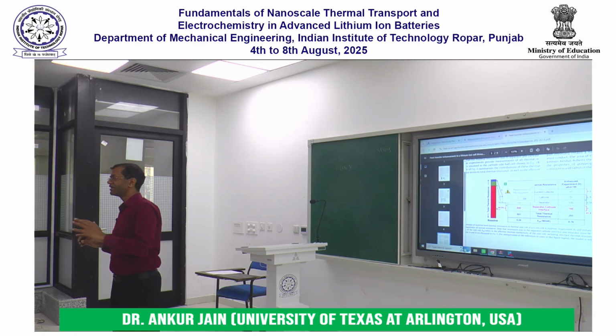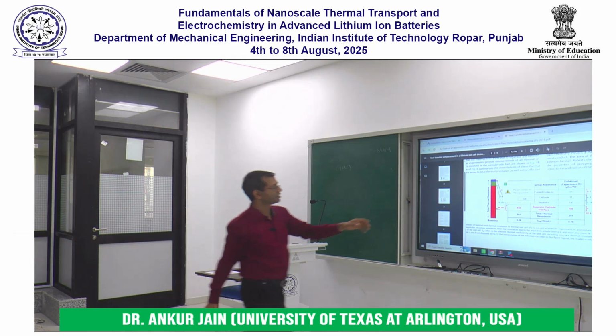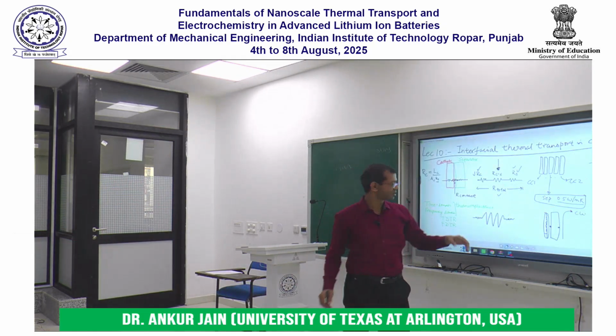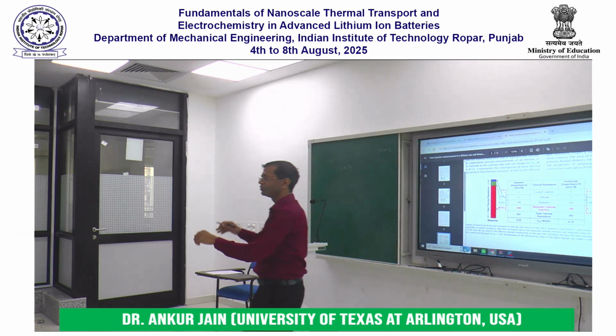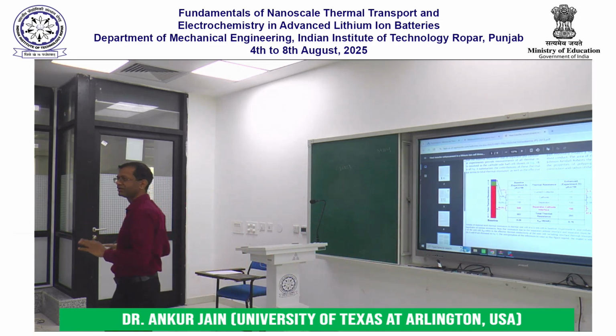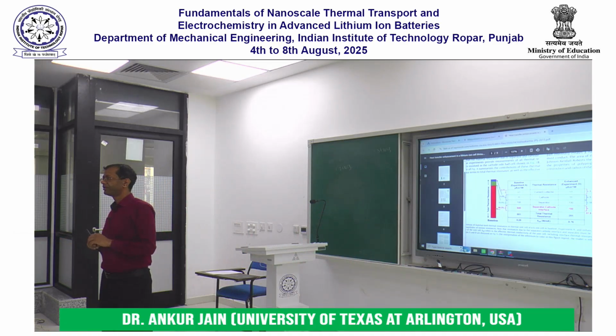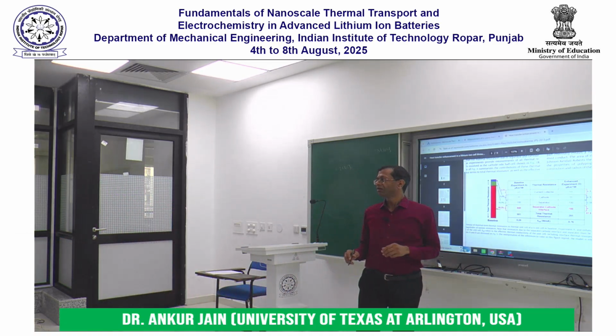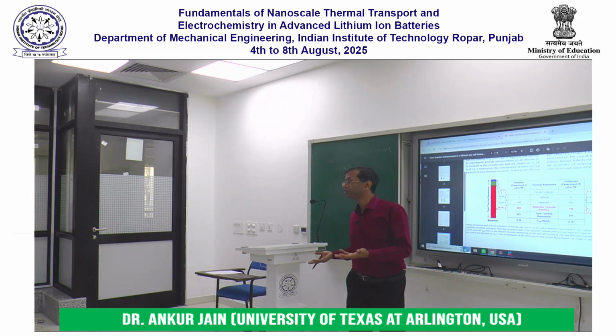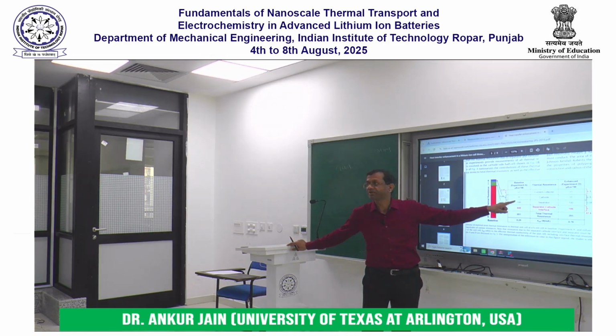If in the best case you come up with some separator that has excellent thermal conductivity, you put nanotubes, graphene, whatever is the flavor of the day for carbon materials, you saturate the separator with it. In the best possible case, what will you do? In the best possible case, what will this 100 number become?